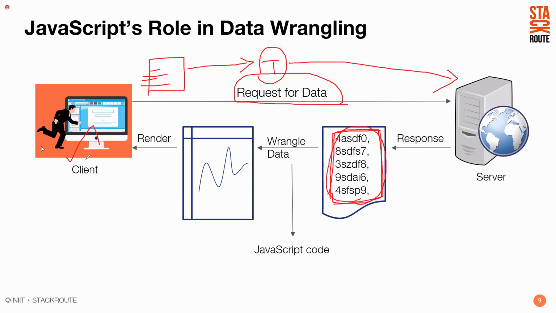So we always need the wrangling process, because the data structures of client and server differ. My JavaScript needs to understand what format my server is providing and what format I want to send to the client.